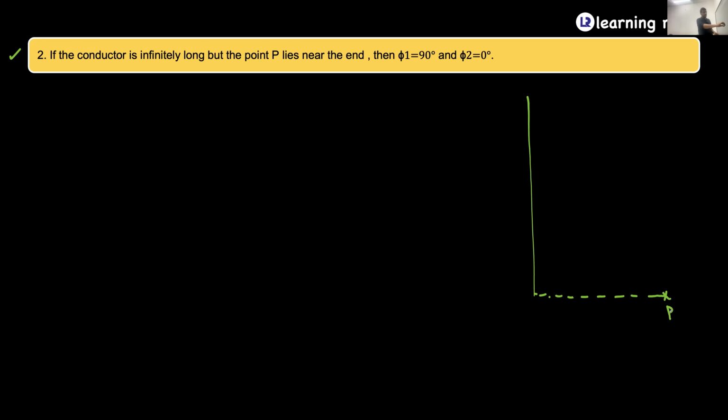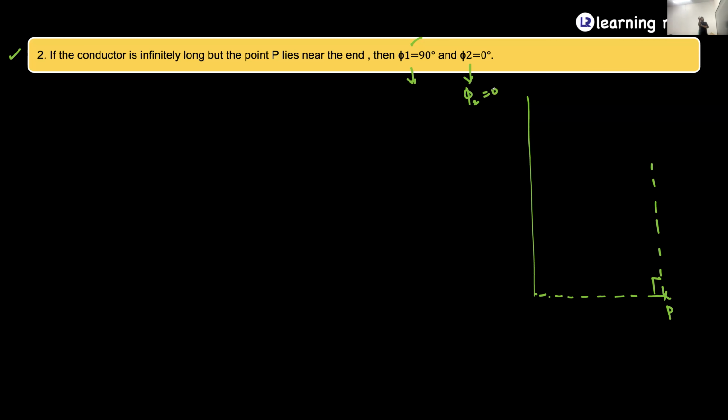So if you observe, the point P is taken in such a way that if I try to join from here to the infinite end, then how will the angle phi1 be? The angle phi1 will be 90, so phi1 is going to be 90 or pi by 2. Then what about phi2? Phi2 will be 0.